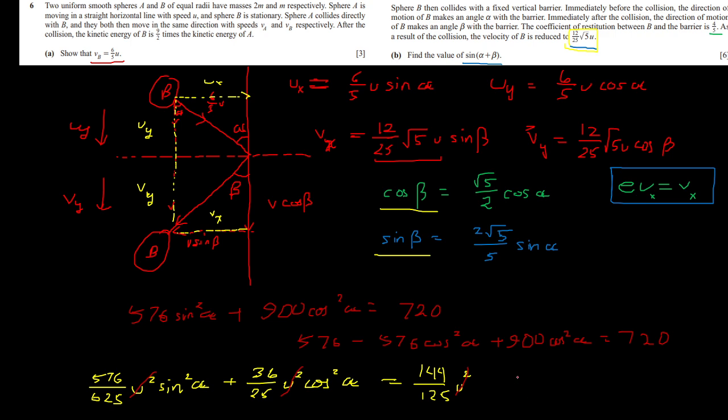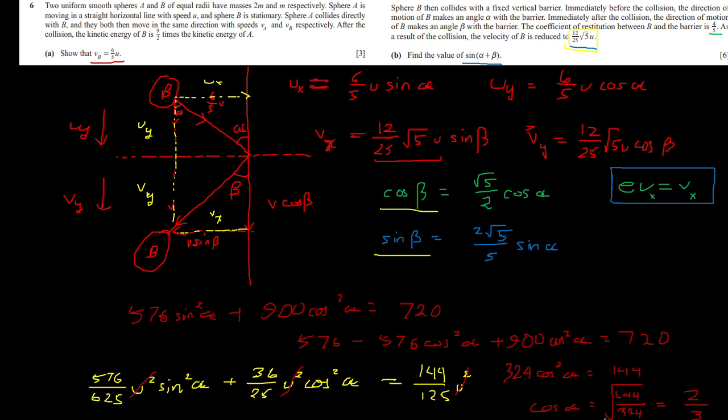Now doing this we get 900 minus 576, so 324 cos squared alpha equals to 720 minus 576, which is 144. So cos alpha will be equal to the root of 144 by 324, which is equal to 2 by 3.